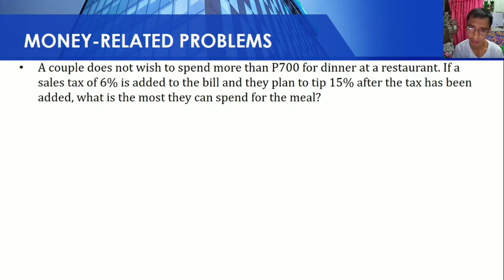So, merong couple na gusto nilang i-spend is dapat hindi lalampas ng 700 for dinner at a restaurant. So, meron siyang sales tax of 6%, tsaka they plan to tip 15% after the tax. So, ano yung magiging value ng meal kung wala yung 6% na tax, sales tax, tsaka yung 15% na tip?